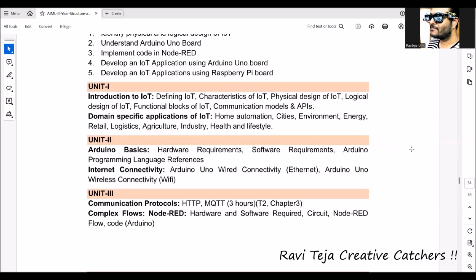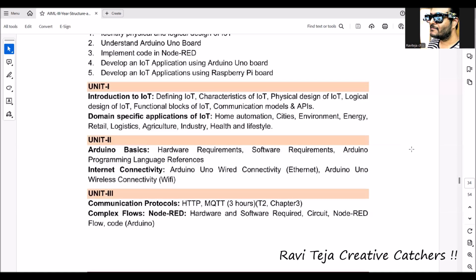And coming to the subsection of unit 1, we have domain specific applications of IoT, where we are going to see some real-time case studies of home automation and how IoT is integrated into cities, environment, energy, retail, logistics, and also in agriculture industries and health and lifestyles as well. As the course goes on and the topics move forward, we are going to see some real-time case studies along with the applications.